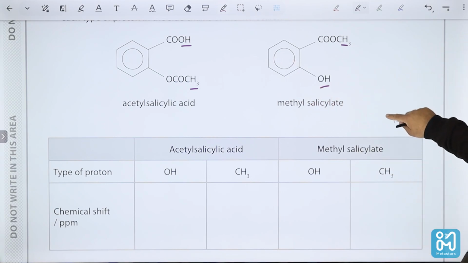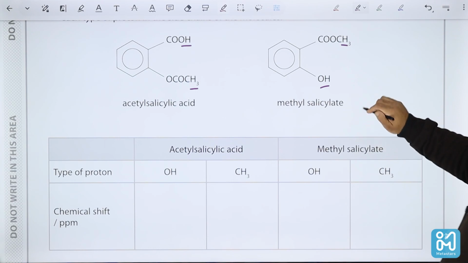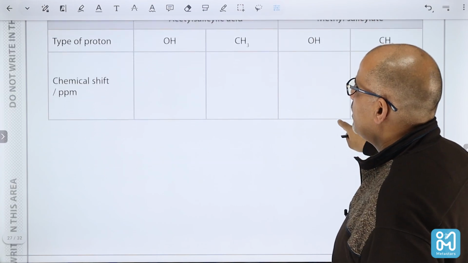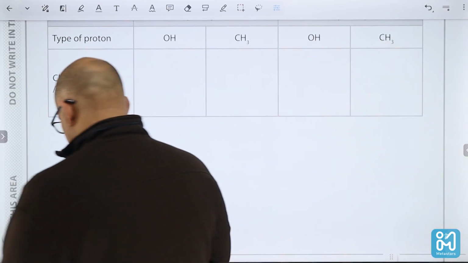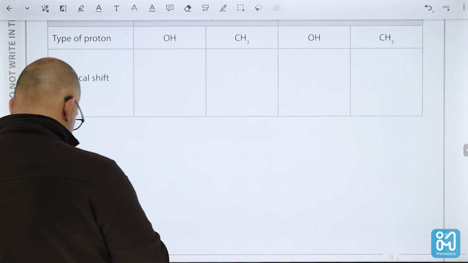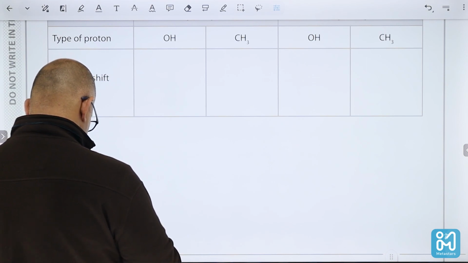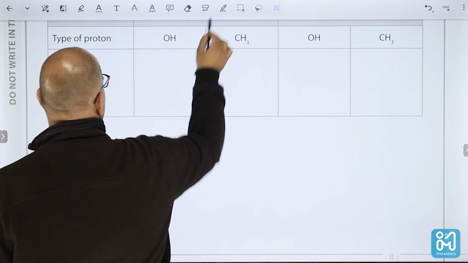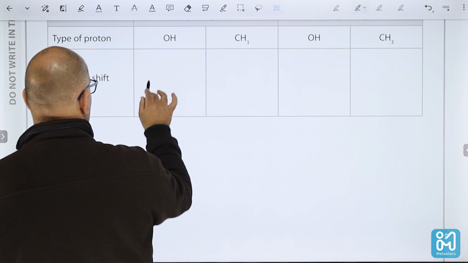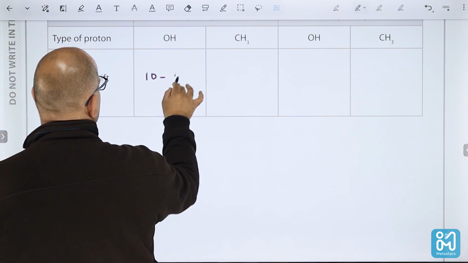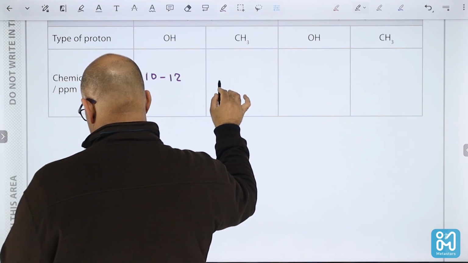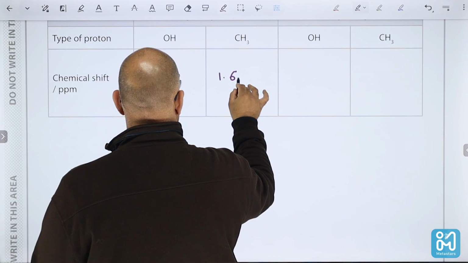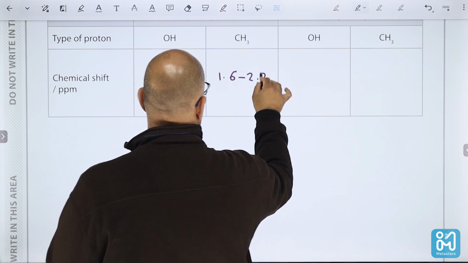Now the chemical shifts are from left to right as the following. They are like that. So you can write the chemical shift ranges. It's from 10 to 12. And here it's from 1.6 to 2.8.